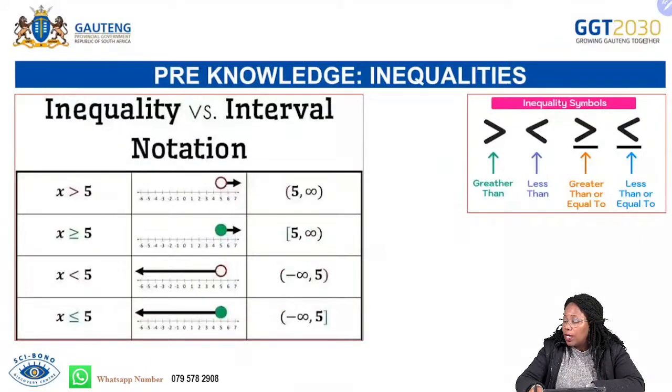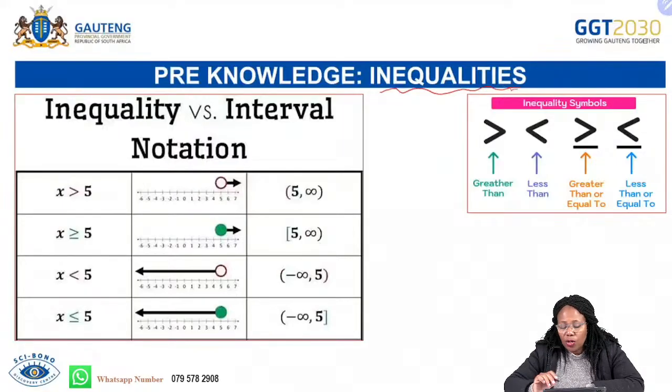And now we are still on with inequality. Grade 12, you need to remember these are not equations, they are inequalities. With the equation, it's an equal sign. With inequalities, it is a greater than, a less than, a greater than or equal to, and a less than or equal to.